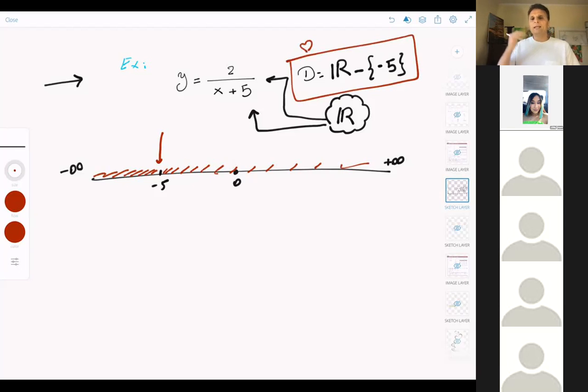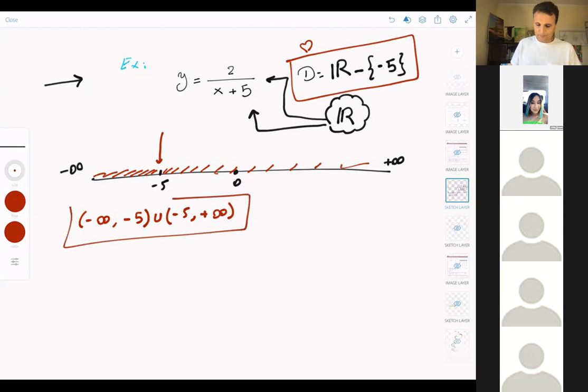Anytime we have a rational function, that's the way we need to present the domain. Or we can say parenthesis negative infinity, comma -5, close the parenthesis, union parenthesis -5 goes to positive infinity. This is exactly the same way to write the domain. This is the same as this one.